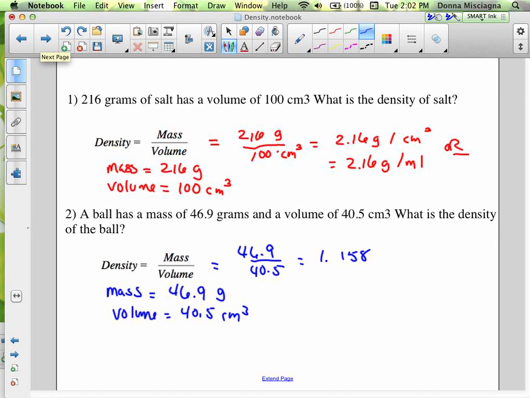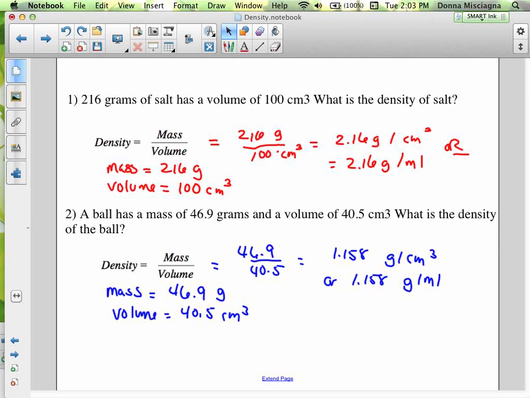So 1.158 grams per centimeters cubed, or 1.158 grams per milliliter. So would you want us to go to 4 decimals? Yeah, I would include at least 4 decimals. You can include more.